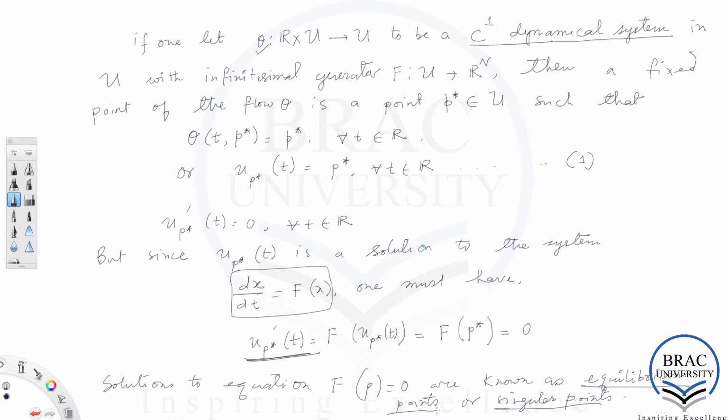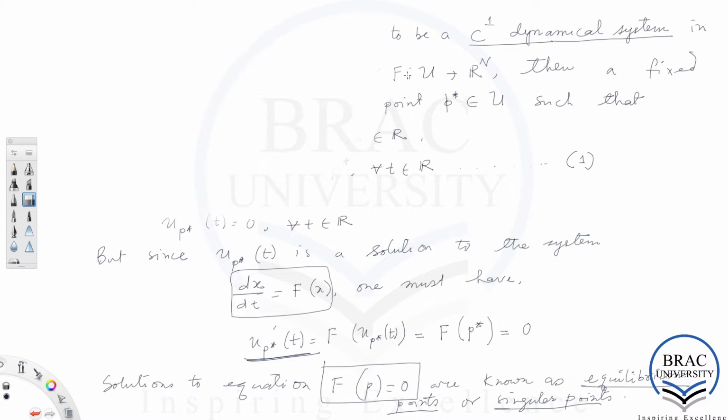Okay. So whenever you have this equation, any point that solves this equation is called an equilibrium point or a singular point. Okay. Therefore, we have just seen that a fixed point of the dynamical system is an example of an equilibrium point.